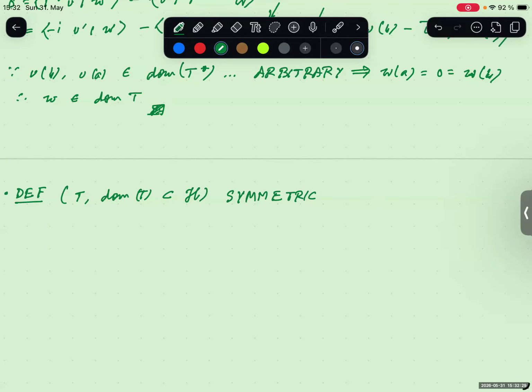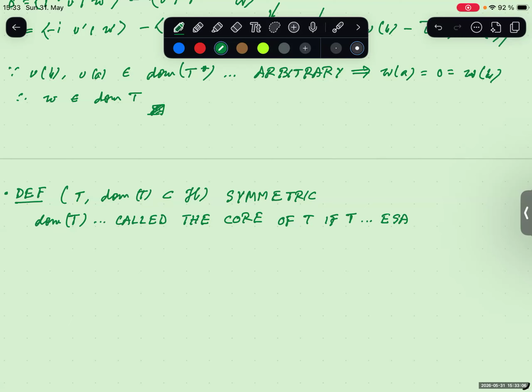And if this operator is an essentially self-adjoint operator, then the domain of T is called the core of T if T is essentially self-adjoint.